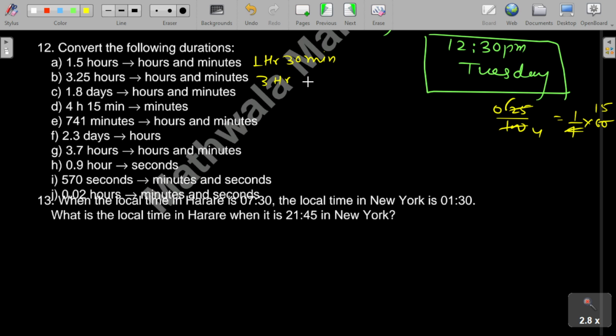Now 1.8 days. We know that 1 day equals 24 hours.